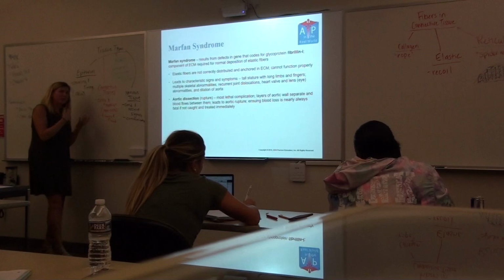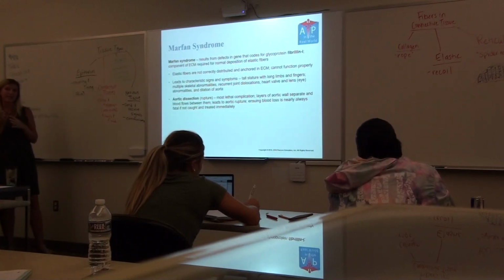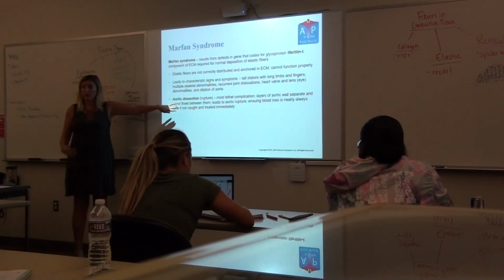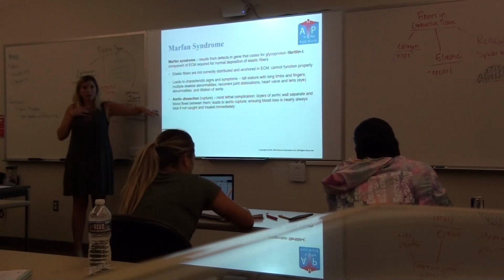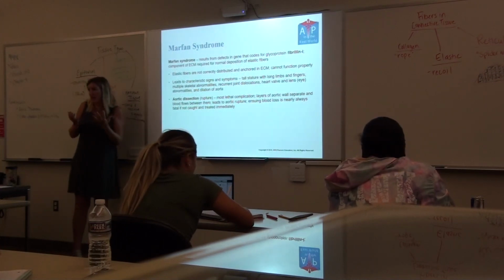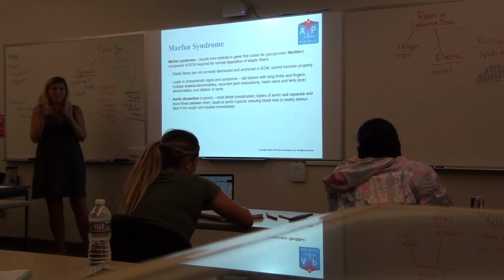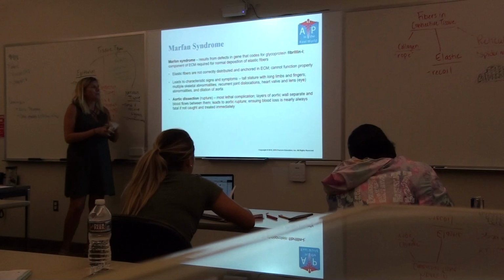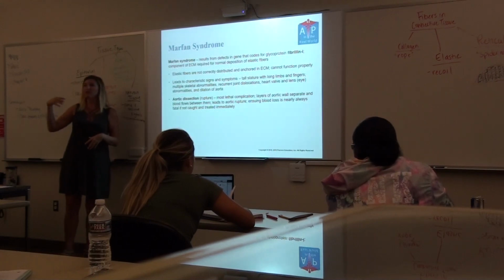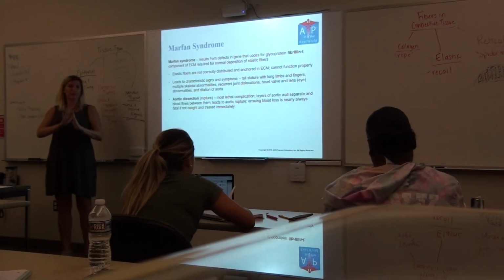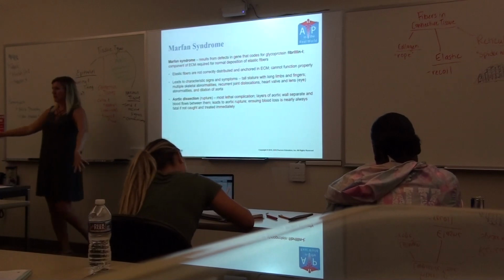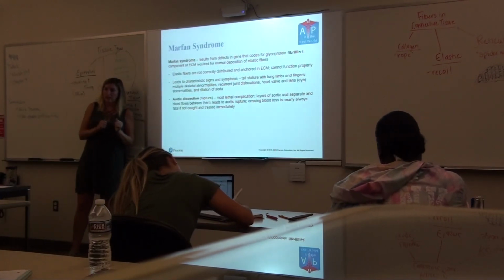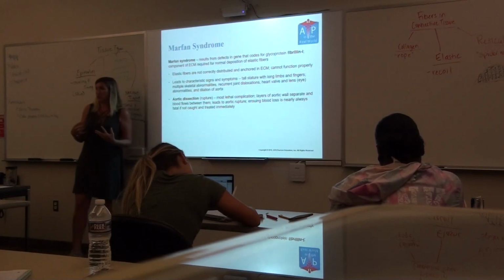And so there are other things that can be a side effect of Marfan syndrome. They can have issues with their aorta, that big red artery that comes off of the heart, and it can actually rupture because the connective tissue isn't recoiling and holding it together like it should. People with Marfan syndrome tend to be very, very tall, very, very skinny, and have very long limbs, because the collagen is also in your bones, and so their bones tend to grow very long.